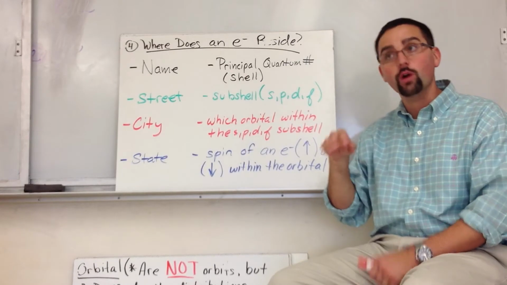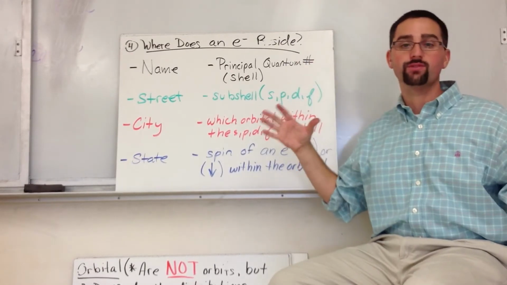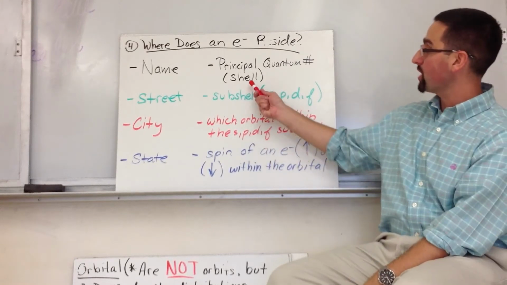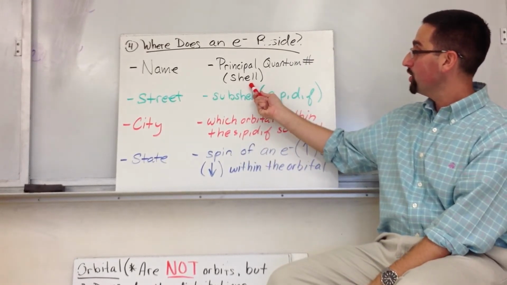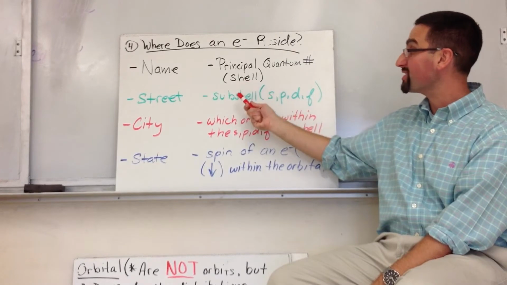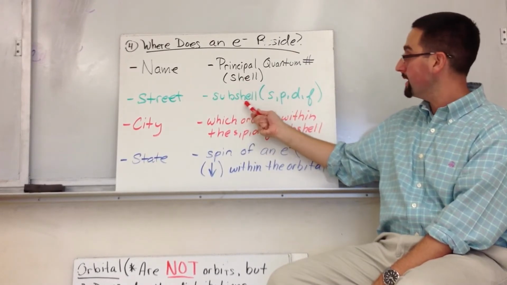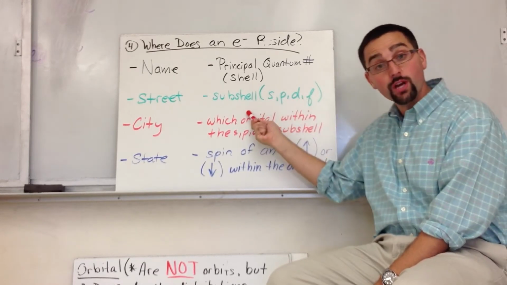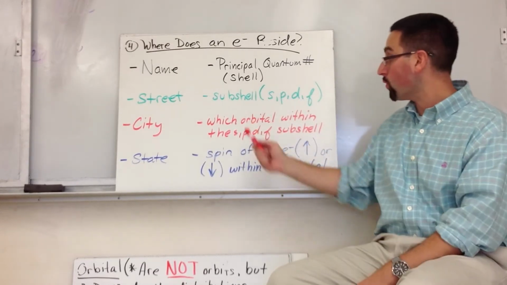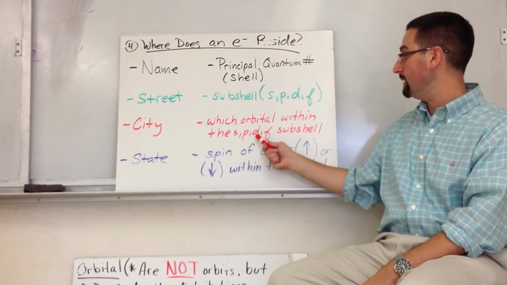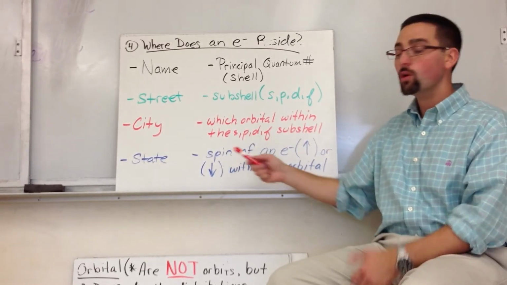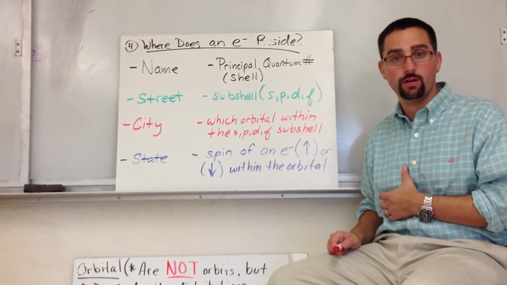To find where in that space outside the nucleus it is, you would have to know the shell number, then the subshell: is it in an S, P, D, or F? Within the subshell, you would have to know which orbital it's in. And finally, you would have to know what's called the spin of the electron.